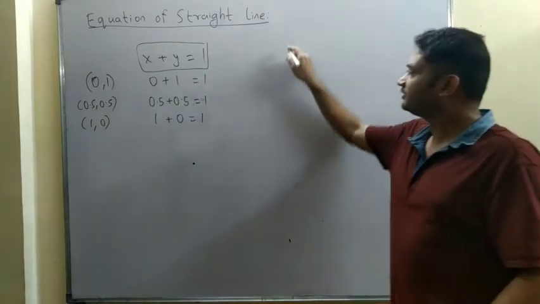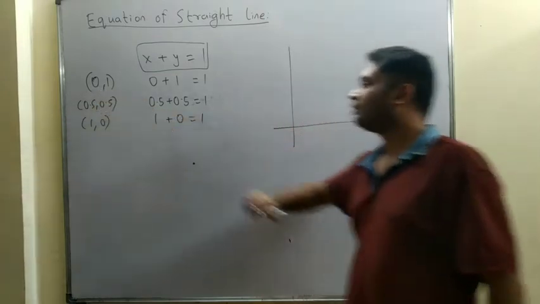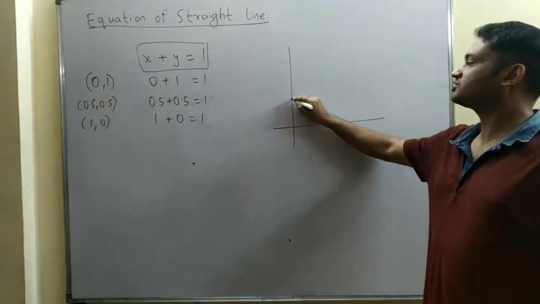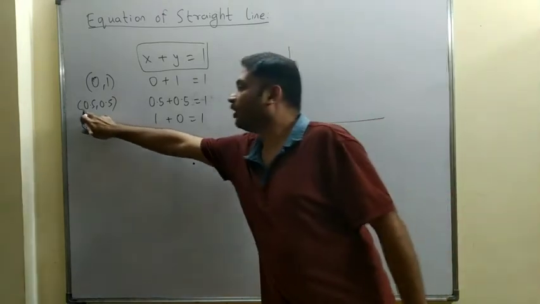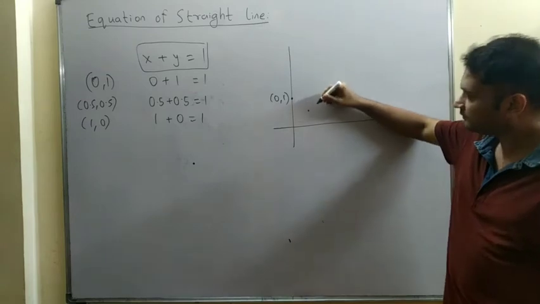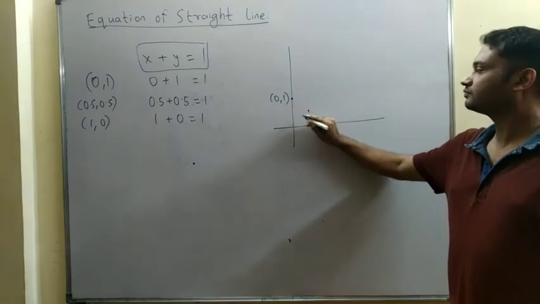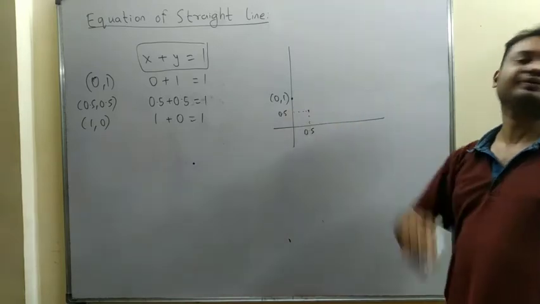So if I plot this line, let us say, we have (0, 1), which is this point. Next point (0.5, 0.5), which is, let us say, this point. This is 0.5 units. This is also 0.5 units.